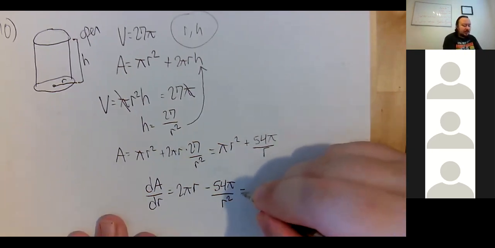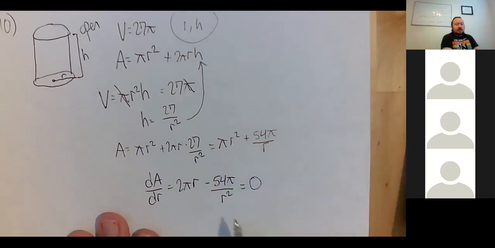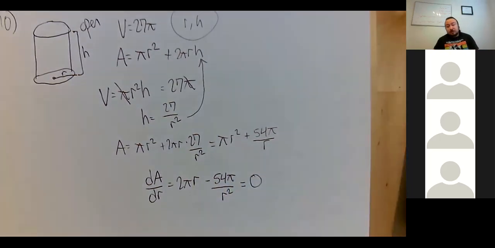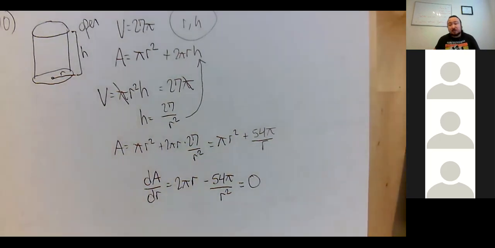And we will set this equal to 0. Now you might say, okay, well, r equals 0 is a critical point because it makes the derivative undefined. But again, this is going to be one of those degenerate critical points, because if we have a radius of 0, then we don't have the cylindrical container. So we're going to ignore r equals 0.